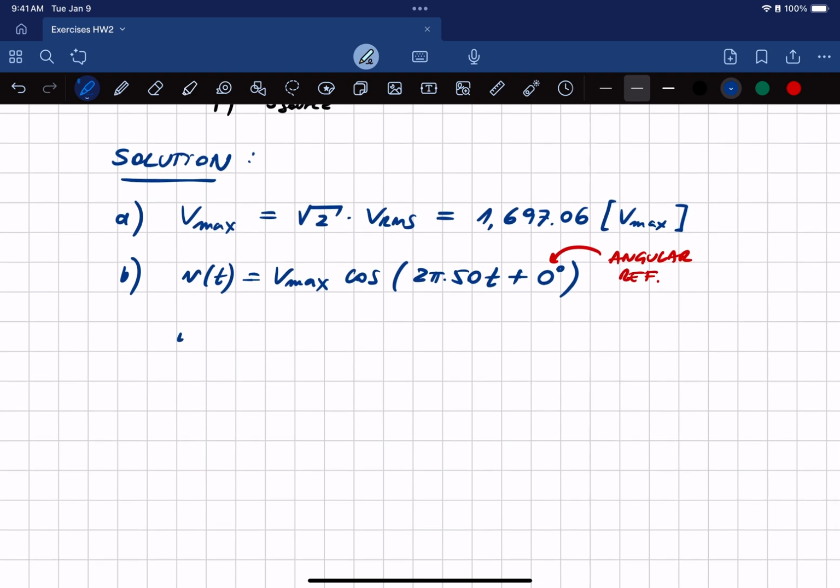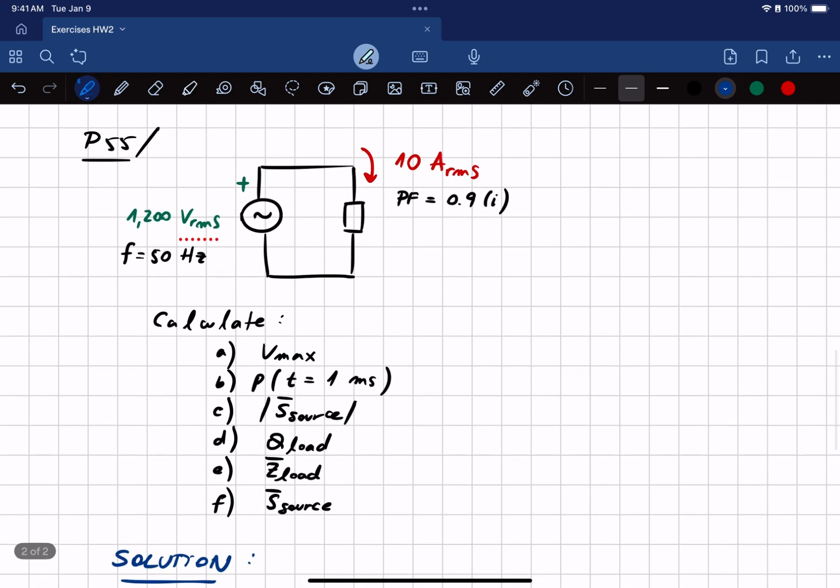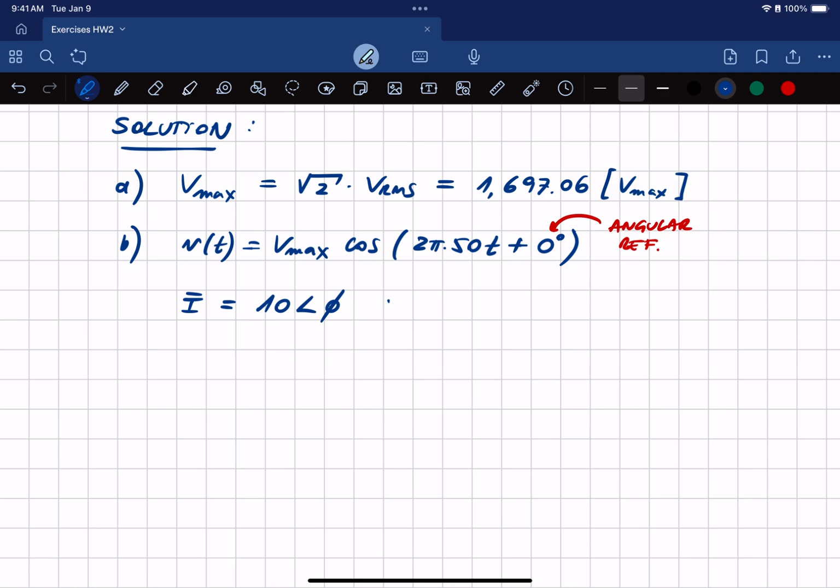And i of t, it's not that simple, right? We know that the current phasor is going to be 10 angle phi, 10 amps RMS, and the angle is phi. So how do we calculate that phi? Phi is simply the inverse cosine of the power factor. The important thing here is that we need to add something else, which is the inductive part.